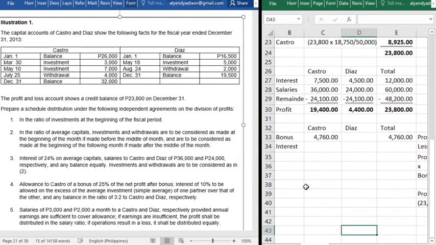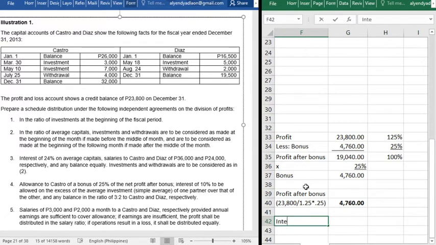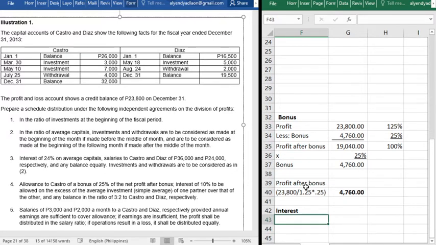So since they agreed that for the interest, okay, so I'm going to label this one. This is for the bonus, and this is for the interest. So accordingly, for the interest, we are to compute for their average balances based on simple average. So the average balance of Castro, that is 26,000 plus ending 32, right?